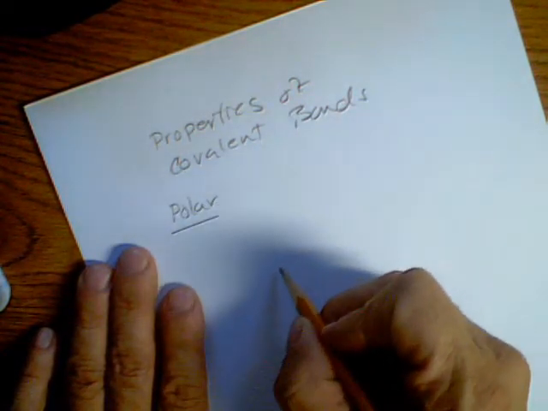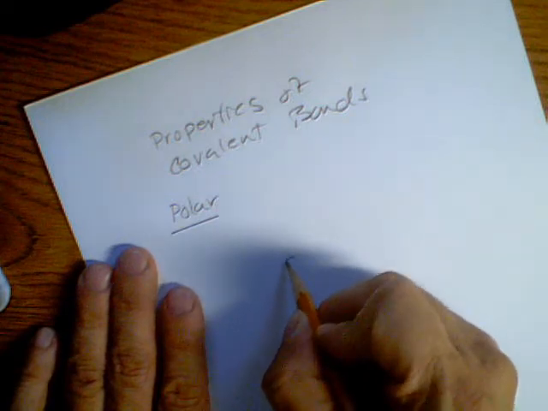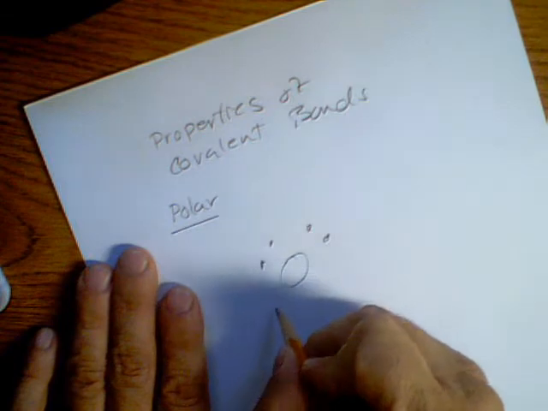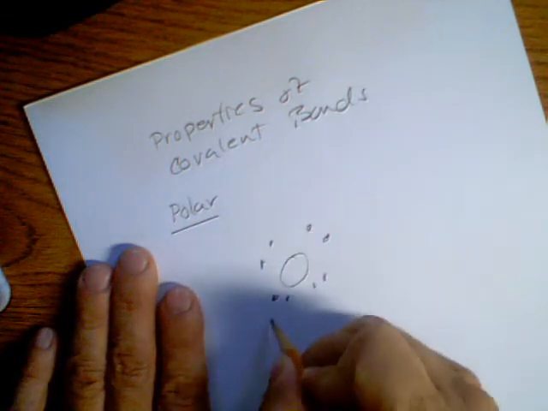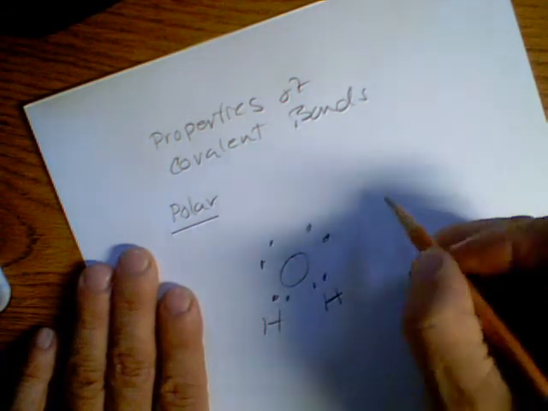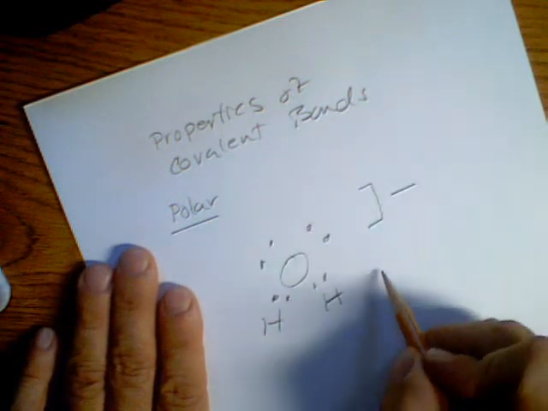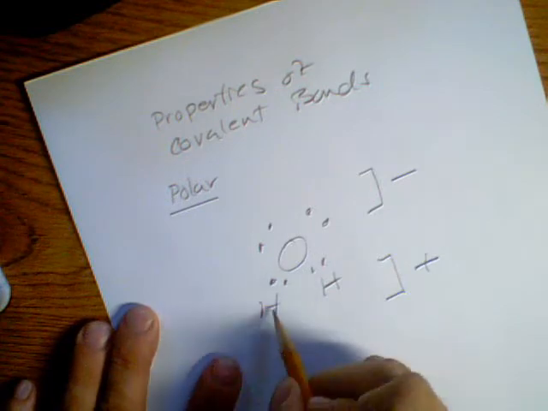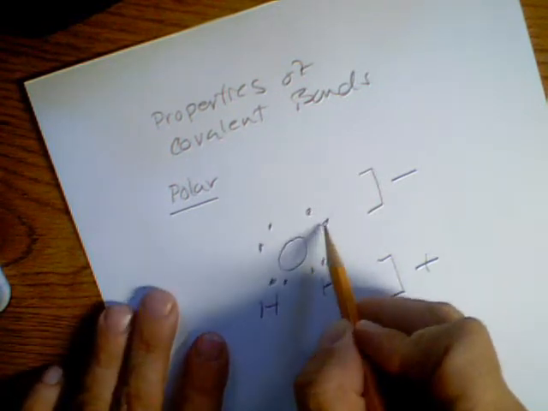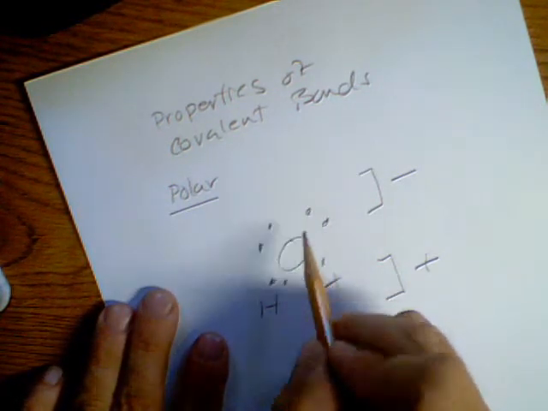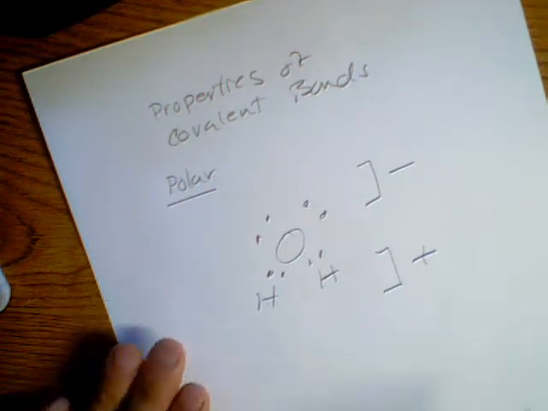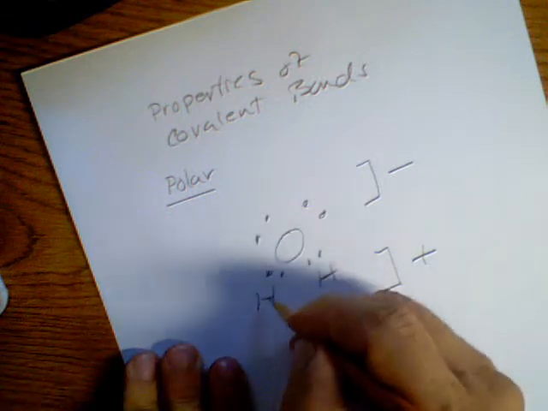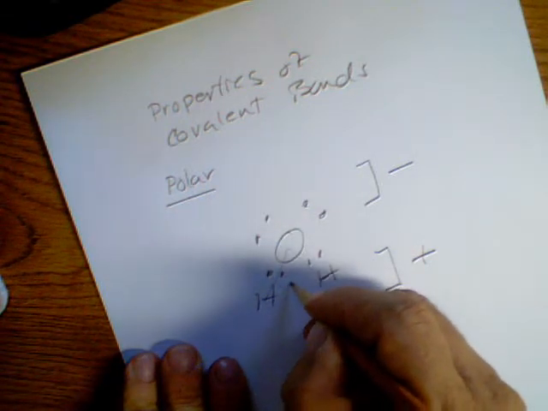Water is one of the most famous cases. We have a region that has a negative charge, and a region that has a slight positive charge, because these are protons, remember. We have a region that's highly negative because there are negative electrons swirling on this side, and positive on this side. And this angle is 104.